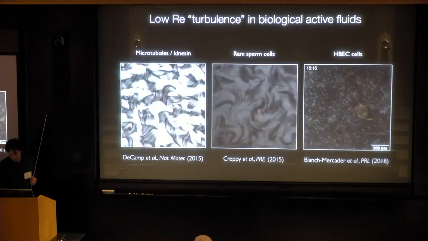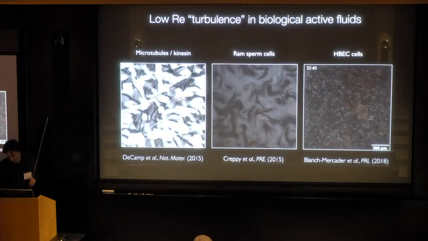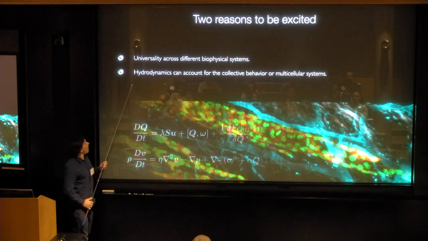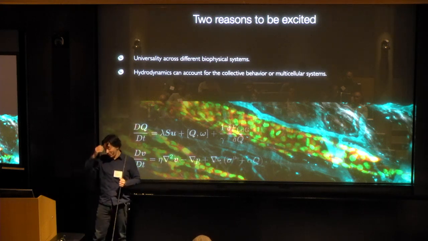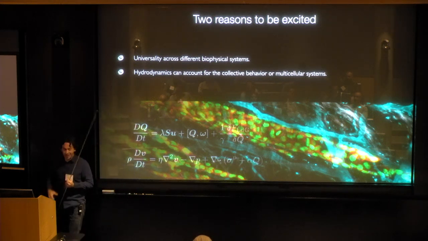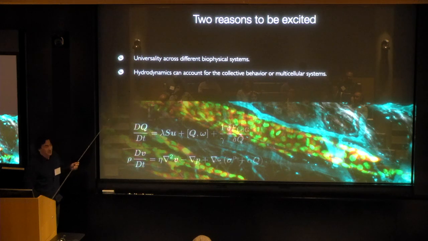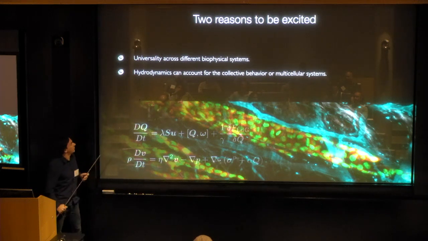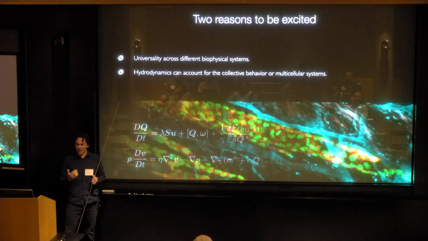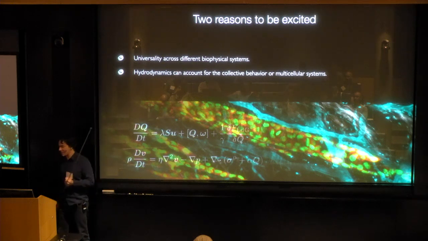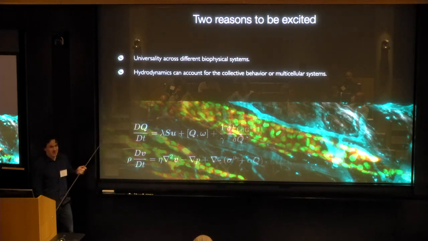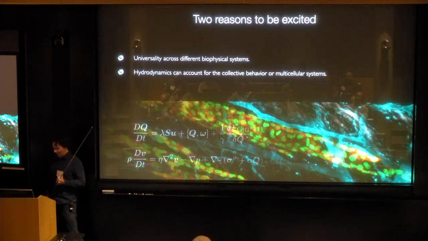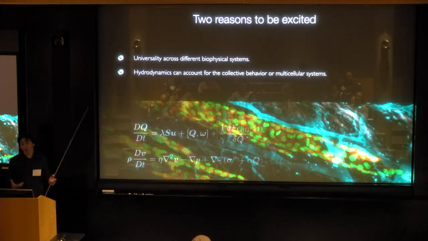Now, there are several reasons to be excited, I believe, but I'd like to highlight 2 of them. One is universality. This is one of the key concepts in this meeting, right? Universality is a crucial idea in statistical physics. Unfortunately, when you get to deal with biological systems, you soon realize that perhaps this idea is too ambitious for biology, especially for cells, because cells are really complicated.